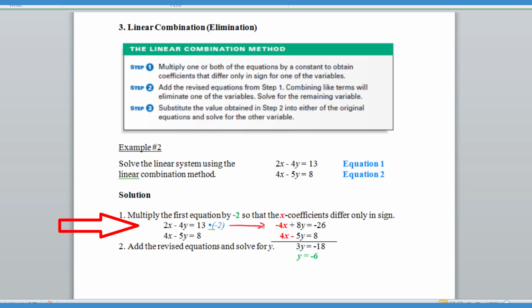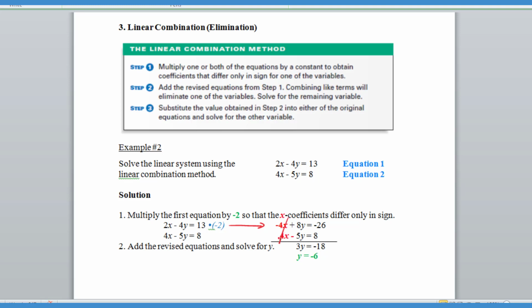Then I'm just going to rewrite equation 2. And so I'm going to do this in a stacked method. Basically I'm going to add or subtract up and down. So at this point I'm combining like terms. If you look at step 2, it says to combine the like terms. So I know that 4x and -4x actually cancel each other out.